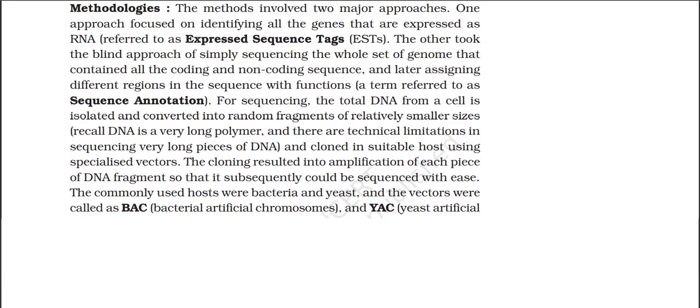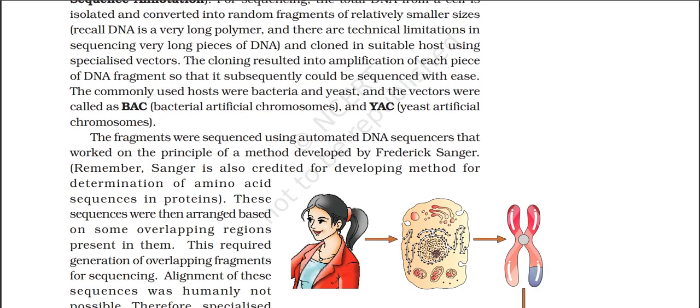The cloning resulted in amplification of each piece of DNA fragment so that it subsequently could be sequenced with ease. The commonly used hosts were bacteria and yeast, and the vectors were called bacterial artificial chromosomes, BAC, and YAC, yeast artificial chromosomes.